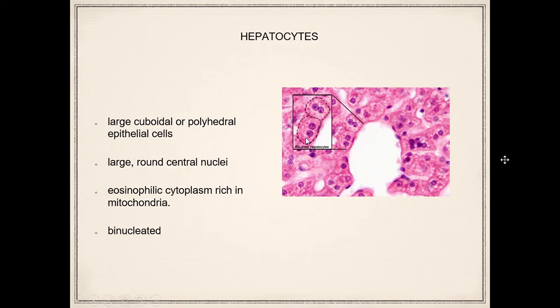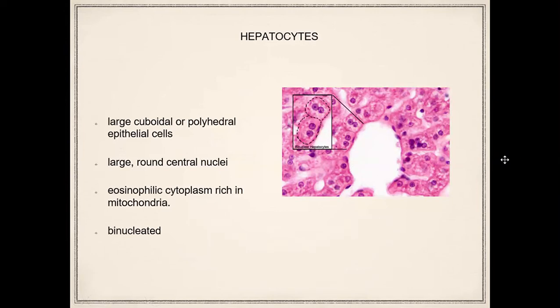The cytoplasm is eosinophilic and rich in mitochondria. It has so many functions to do, that's why it is rich in mitochondria. And then it is binucleated.